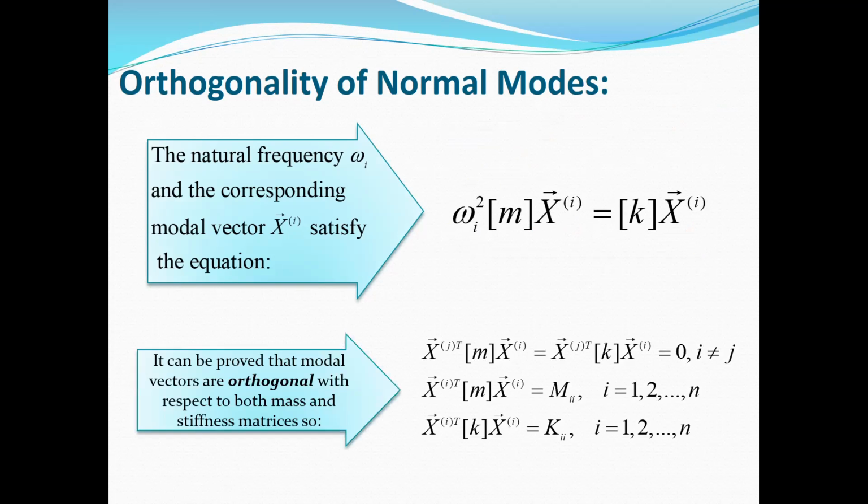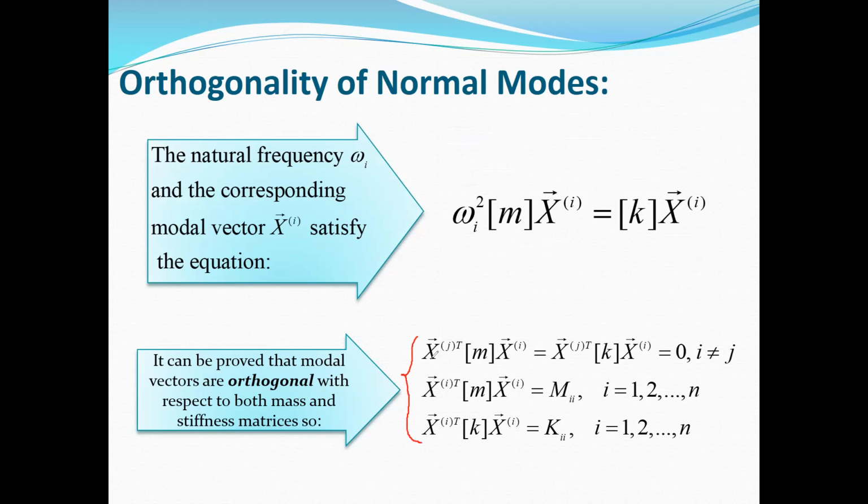Now we will use a new characteristic of the modal vectors or mode shapes. Here we will not discuss the proof, but if you refer to the reference books, it can be proved that the mode shapes are orthogonal with respect to both the mass and stiffness matrices. And what does it mean? Here you can see the definition of orthogonal vectors.